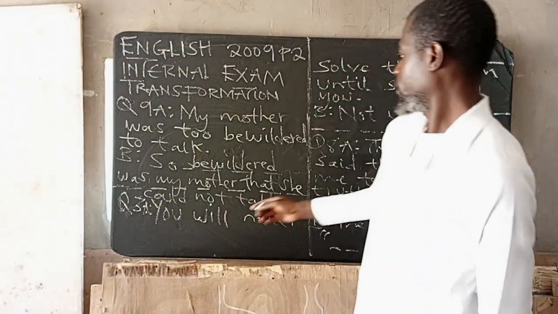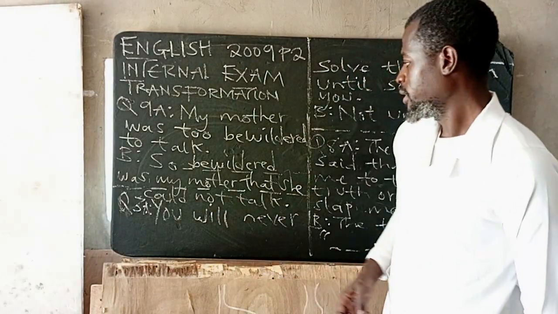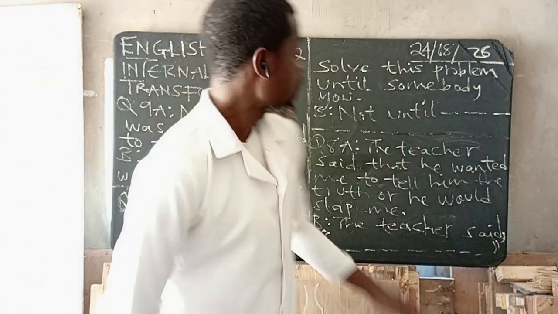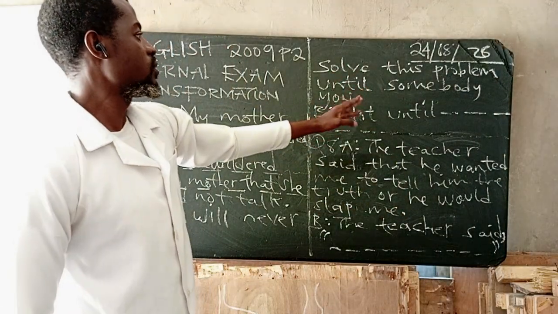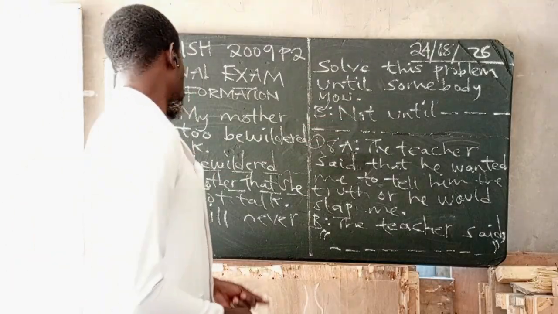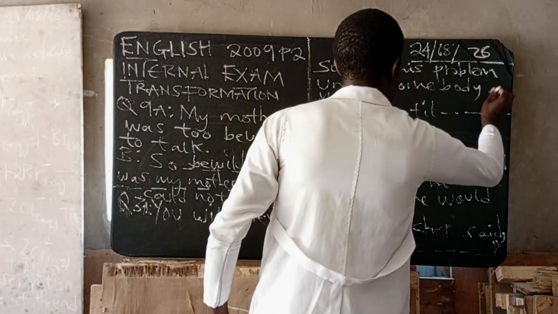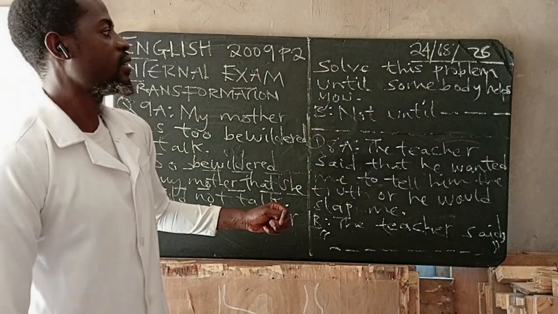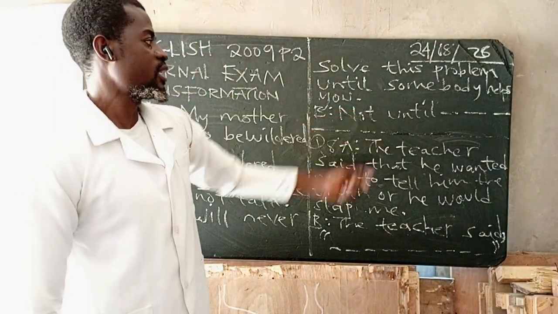Okay, let's go to question 3. Remember, I'm picking randomly. Number 3, you will never solve this problem until somebody helps you. Let us transform this sentence starting with not until.